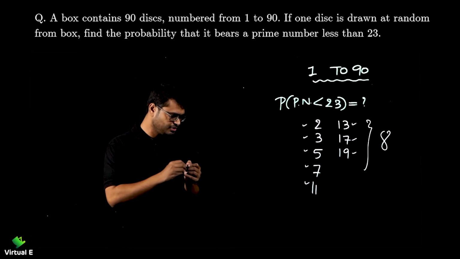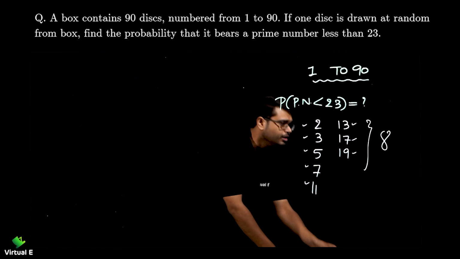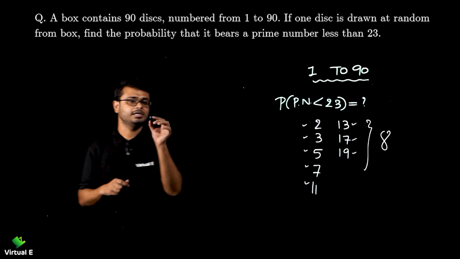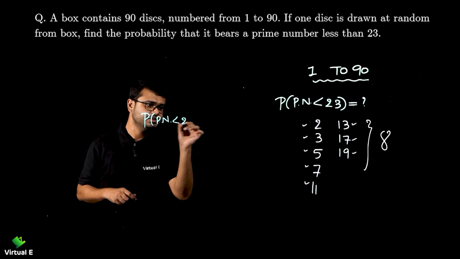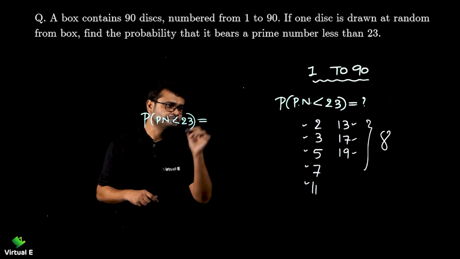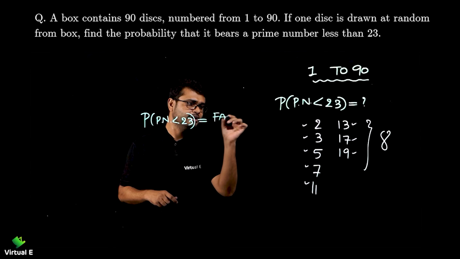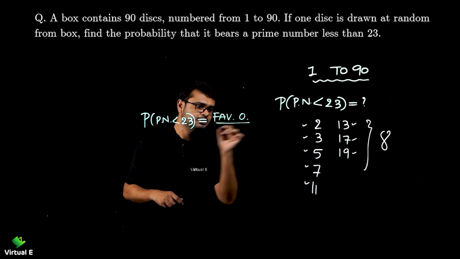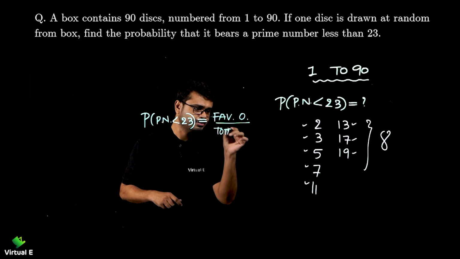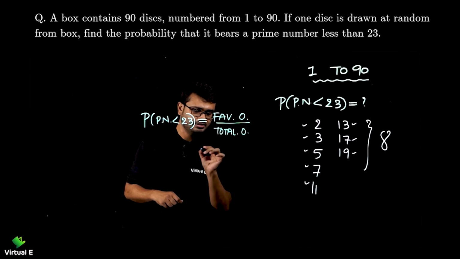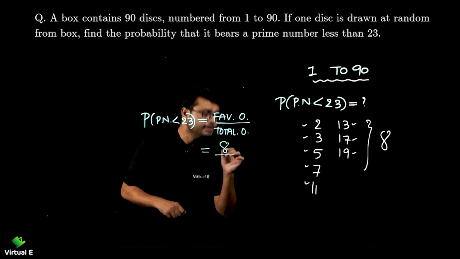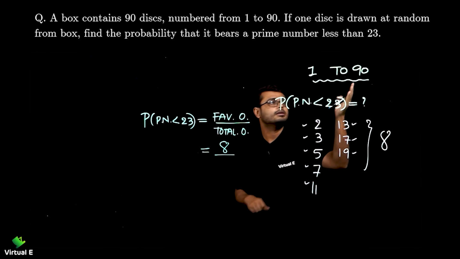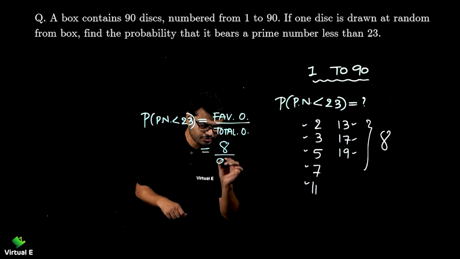Simple. Okay, so let's find the probability. So probability of prime number less than 23. First of all, we'll take the favorable outcomes over total outcomes, right? So favorable outcomes are 8. Good. And total outcomes, how many are there? 90, right? So 90 it is.